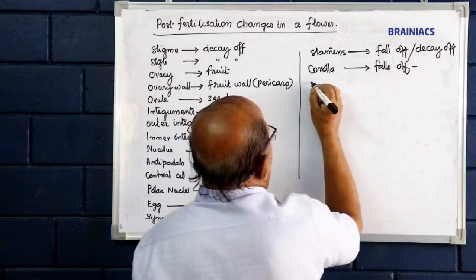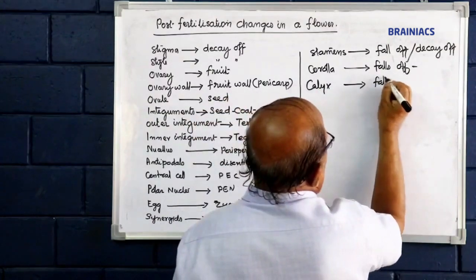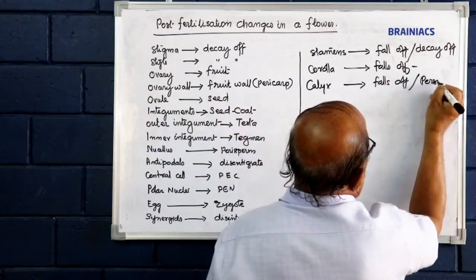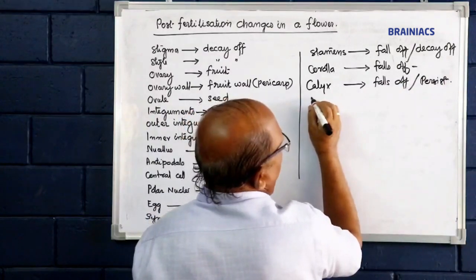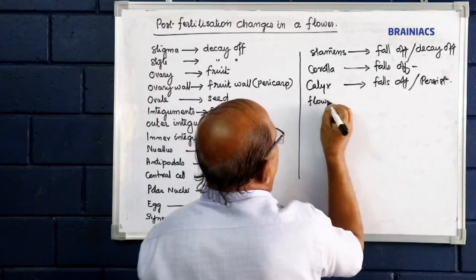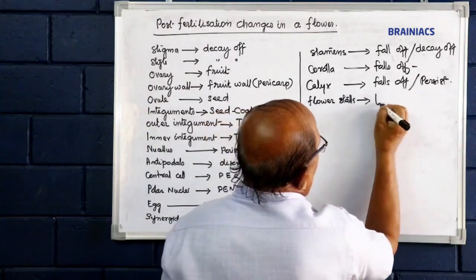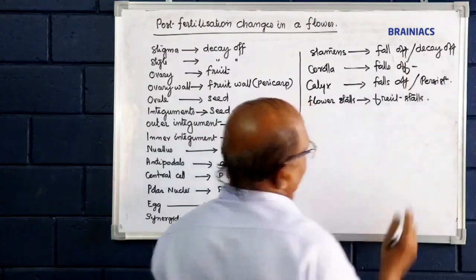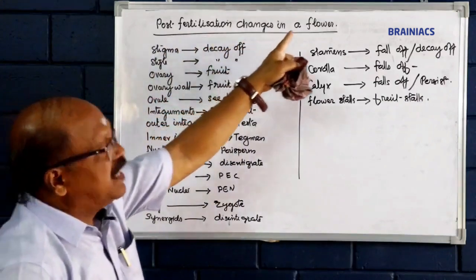Then calyx folds off or persists. Then the flower stalk may become fruit stalk. These are the post-fertilization changes in a flower.